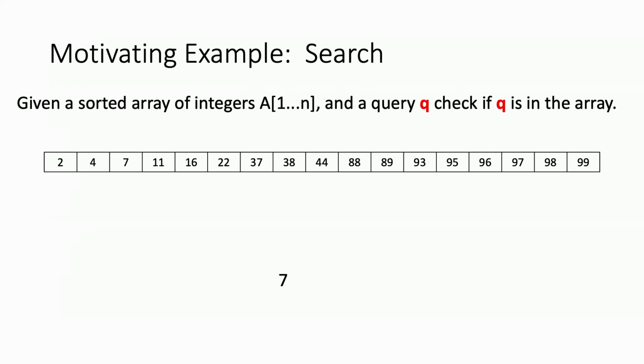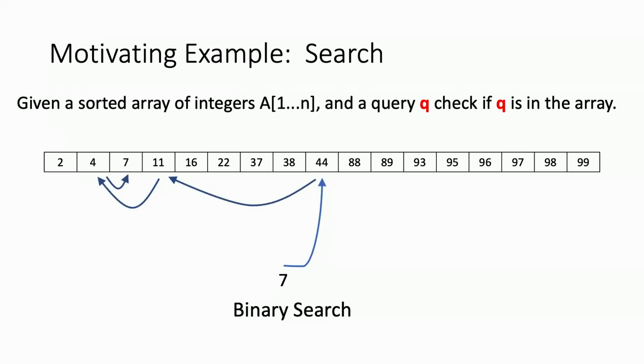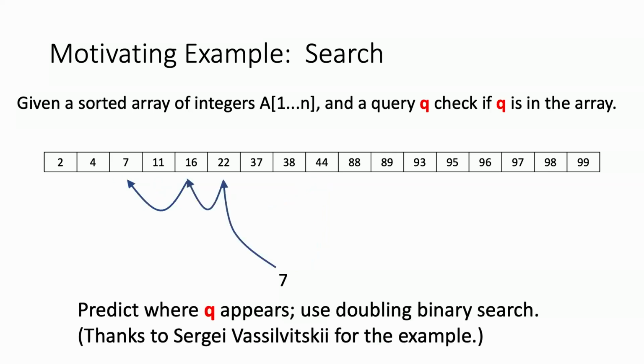And so we have something like 7, and what we teach the kids in their first algorithm class is to do binary search, right? Start in the middle, go higher or lower, and narrow the range, and eventually you're going to find the right element. And if there are n elements in the array, we know this will take log n comparisons at worst. All right, so seems pretty darn good already. What more could we possibly hope for?